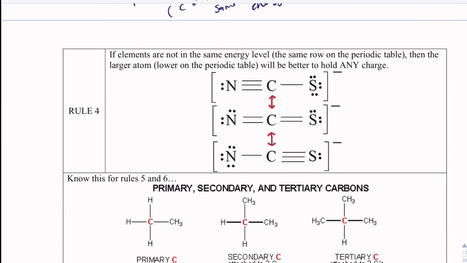Okay, if elements are not in the same energy level, then the larger atom will be able to hold any charge. Okay, so if we look here, we do formal charge. We have NCS, so negative, neutral, positive, negative. 1, 2, 3, 4, 5, 6, negative.